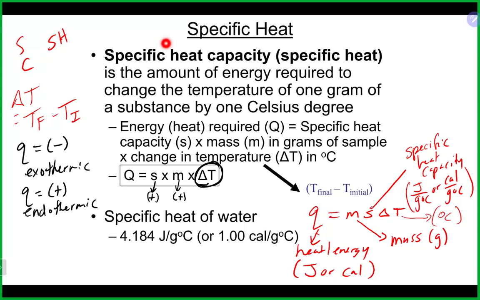When we take final minus initial, you will end up with a negative value for that, and that's going to turn your Q into a negative value, which is exothermic.